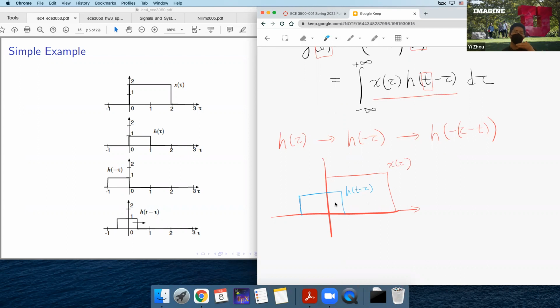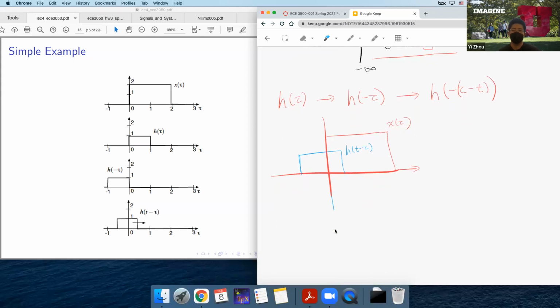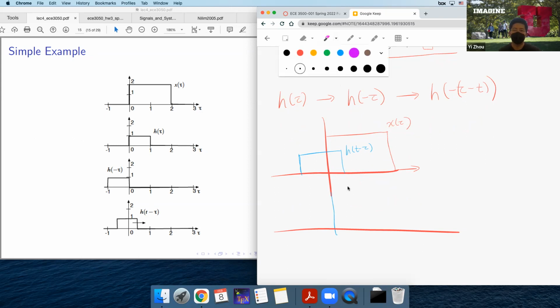Once you multiply these rectangle signals together, you end up with another rectangle signal, where the duration is basically their overlapping duration.